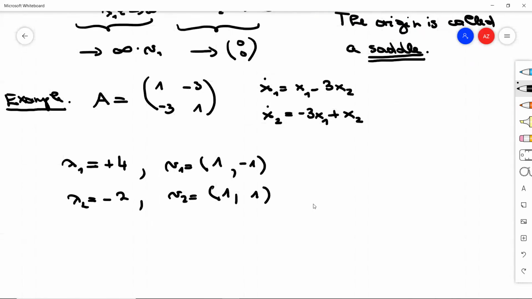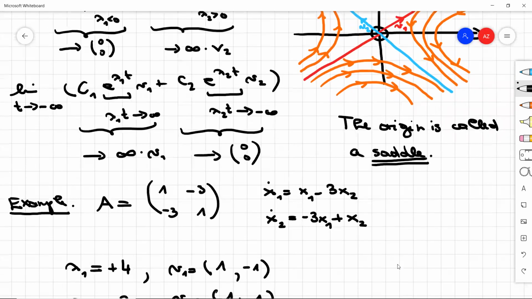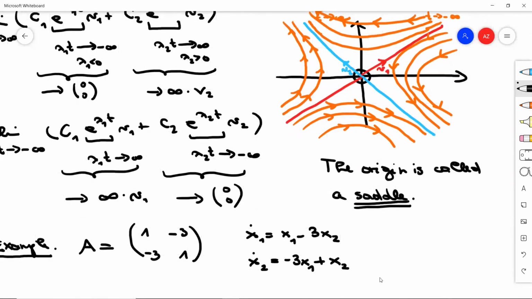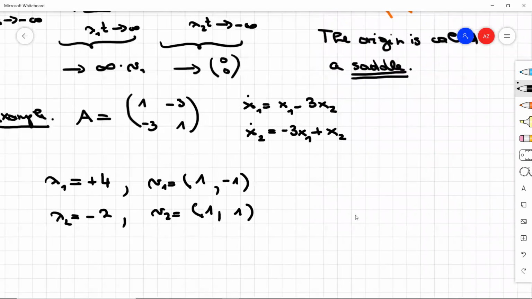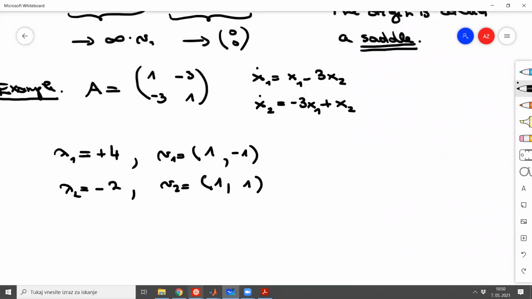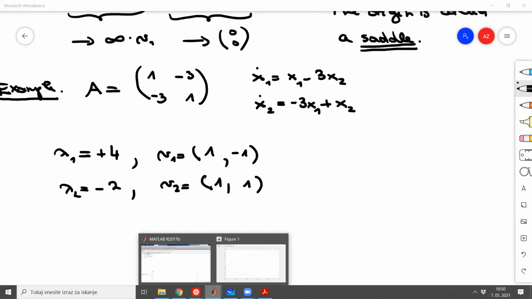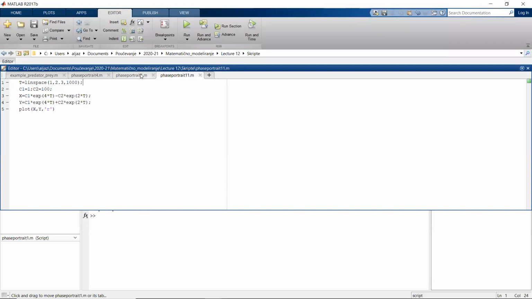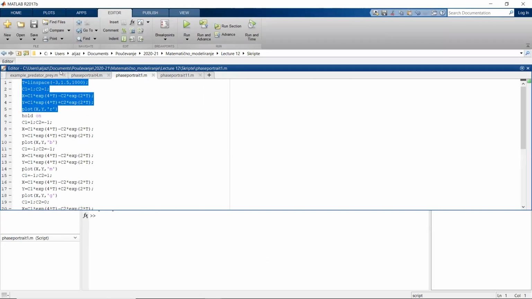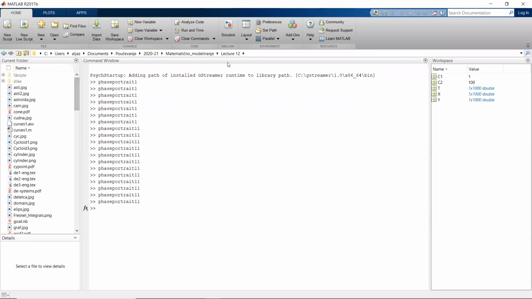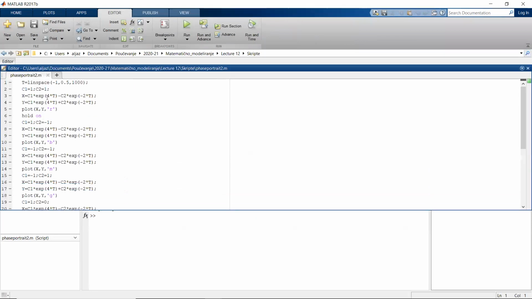And let's see what is the phase portrait. So we expect a phase portrait of this form. Let's see if this is indeed the case. So this is the example.